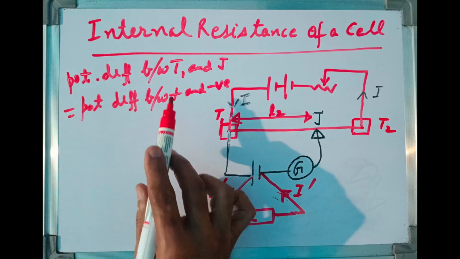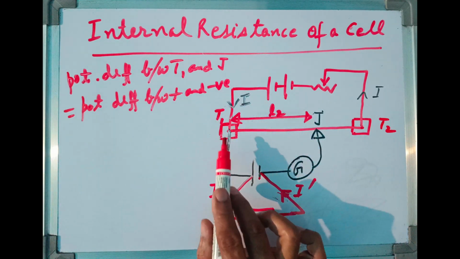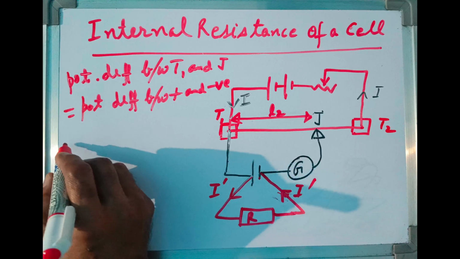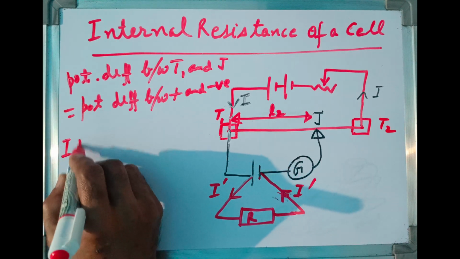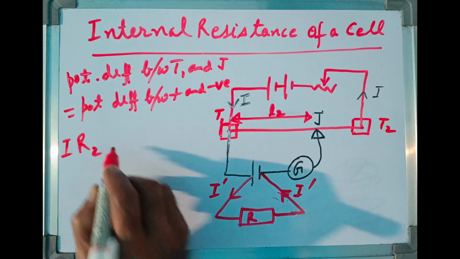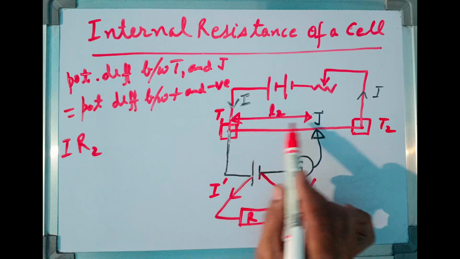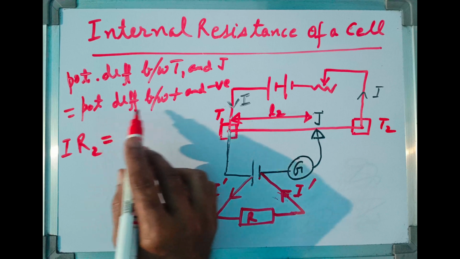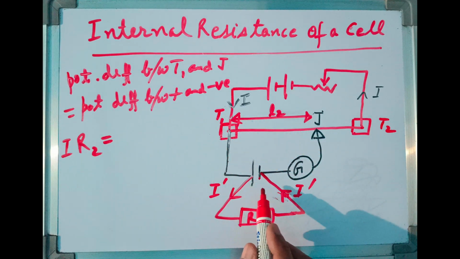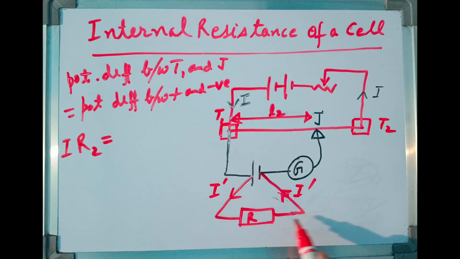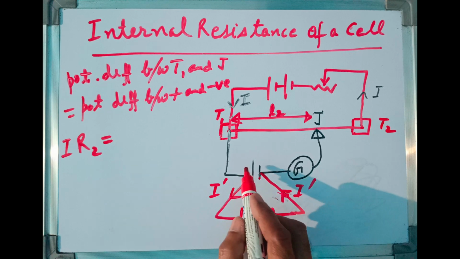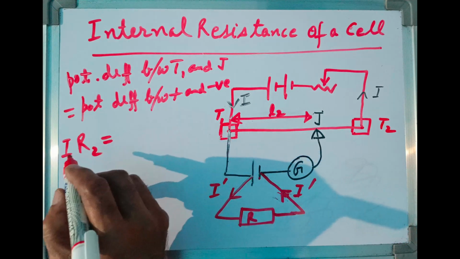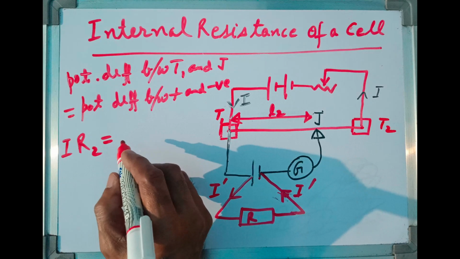Now the potential difference between T1 and J, again by using Ohm's law, I can write I into R2. Suppose in this case the resistance of this portion of wire is R2. So I can write it equal to the potential difference between positive and negative, because current is being drawn. So the difference of the potential will be equal to the potential difference of the cell.